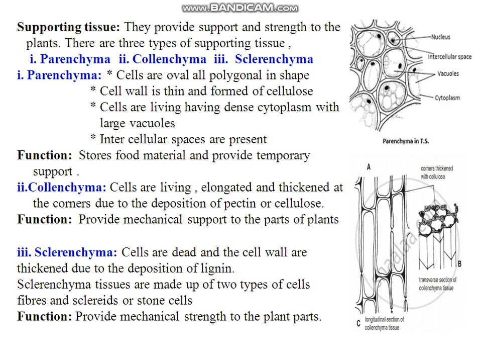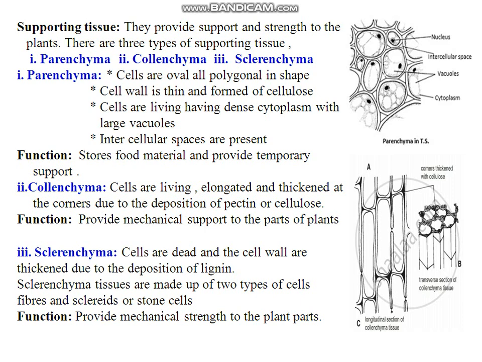Then collenchyma. See, the cells are elongated in structure, and actually two structures are given for collenchyma cells. One is the LS, that is longitudinal section, another is TS, that is transverse section. It is very clearly given in transverse section. See, the corners of the cells are thickened.